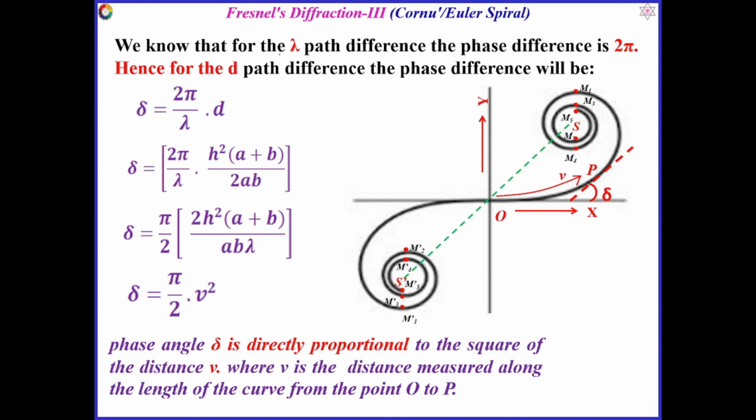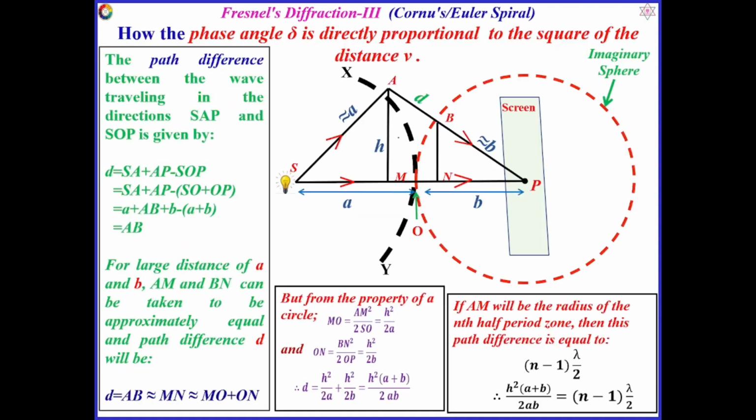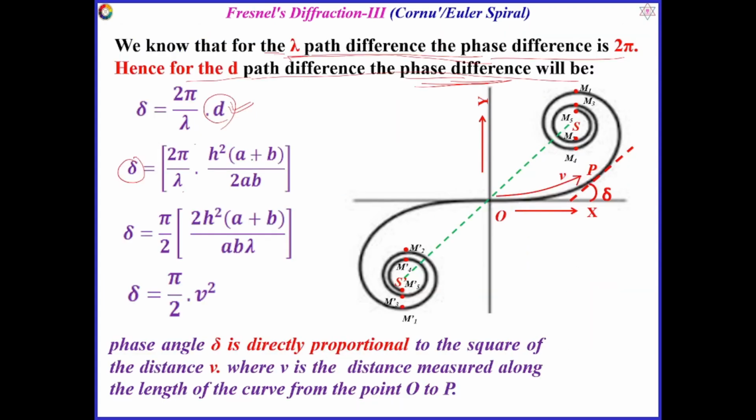Now we know that for a lambda path difference, the phase difference is 2 pi. Hence for a path difference d, the phase difference will be 2 pi by lambda into the path difference. So we substitute the value of d, which is h square into (a plus b) by 2ab.